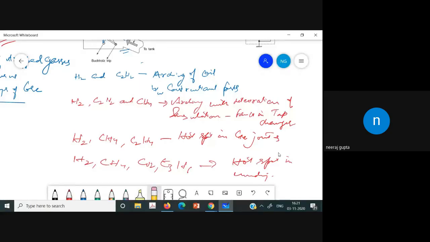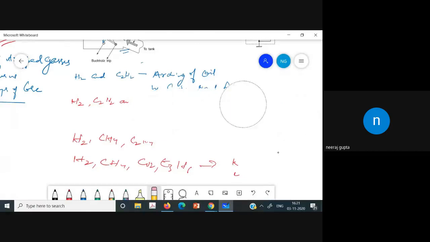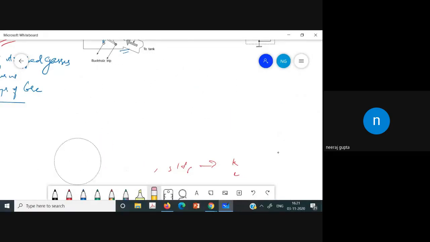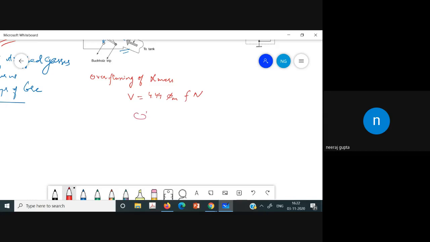Now next is the overfluxing of the transformers. The flux and the applied voltage are given by this expression: V = 4.44 phi m f, and phi m is given by V divided by 4.44 f.